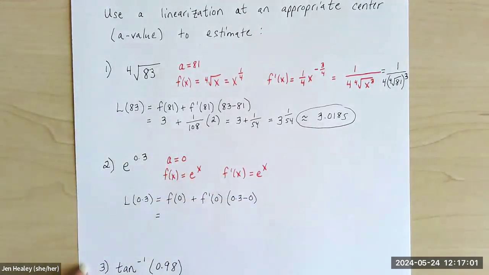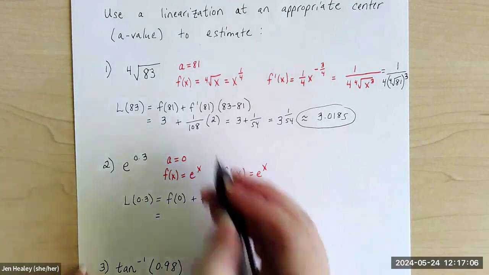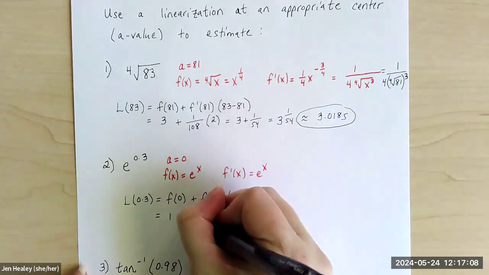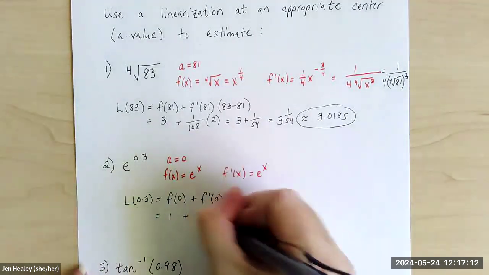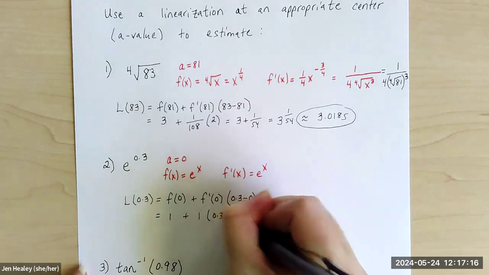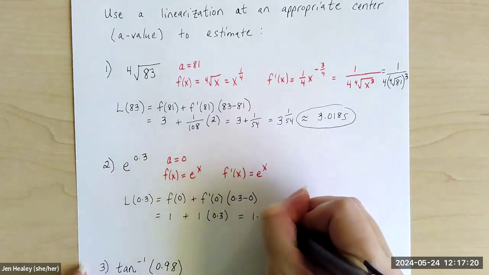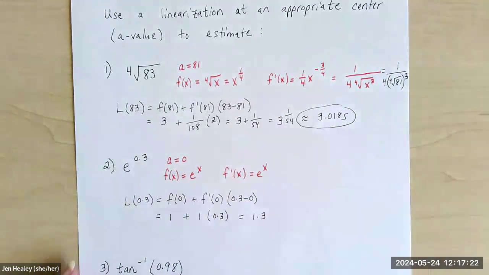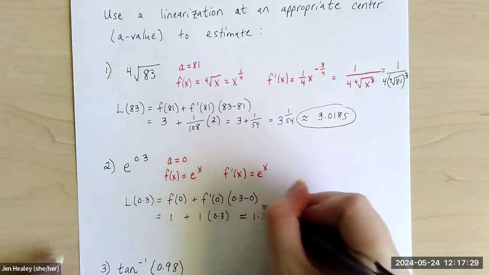So e to the 0th power is just 1. That's also e to the 0th power, so that's also 1. Times 0.3. So this is going to come out to be just 1.3. It's an approximation, so I should put the little squiggly equal sign. Equals approximately.